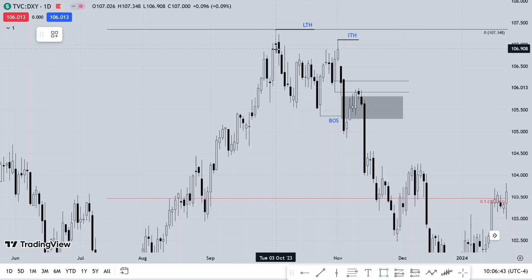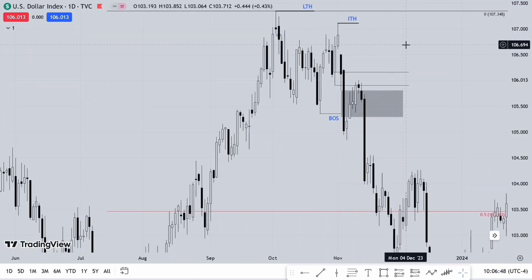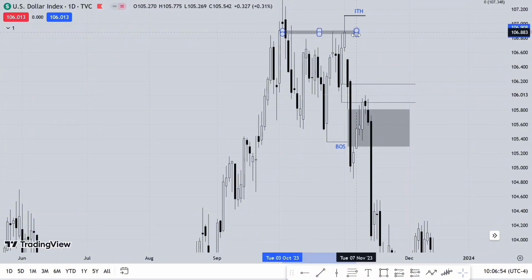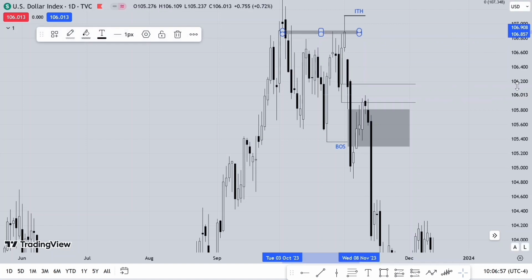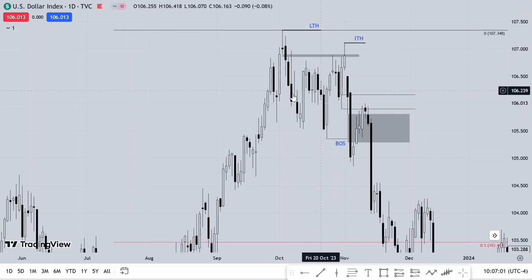So this is the imbalance, which is resting here. Every time price rallies up to balance an imbalance, that is an intermediate term high.